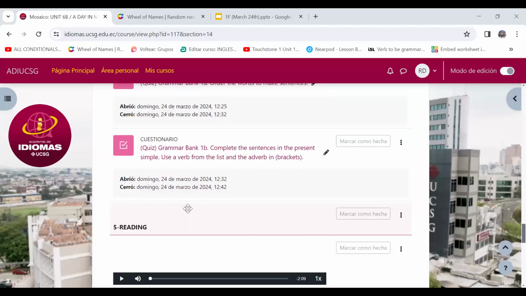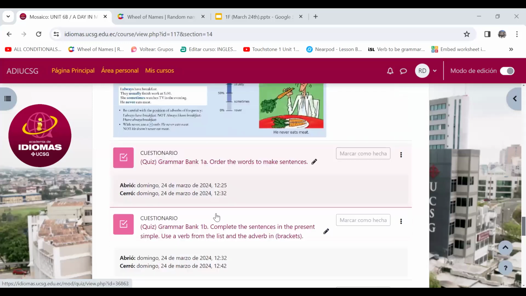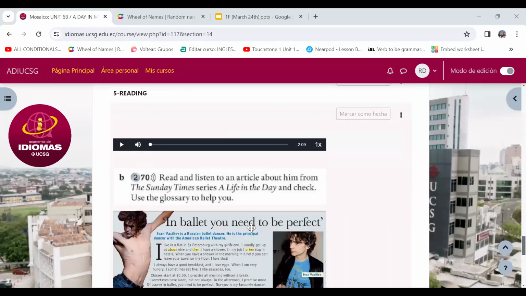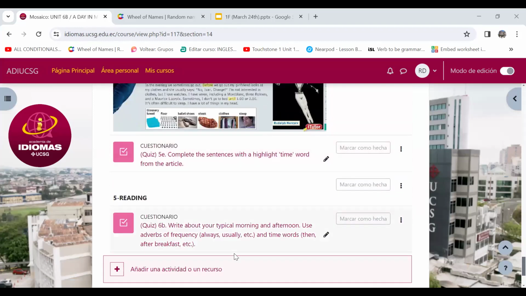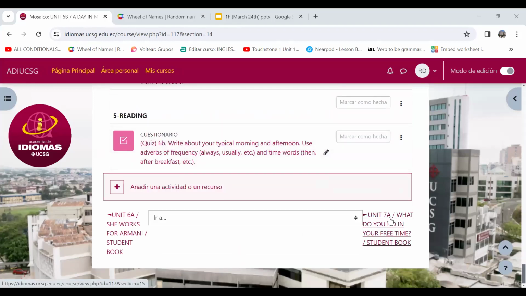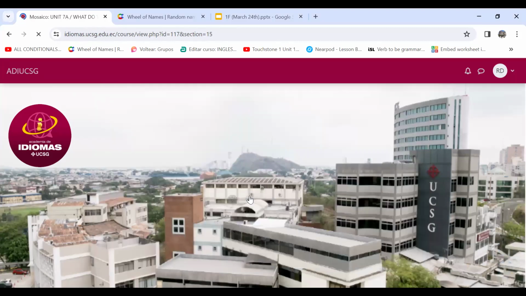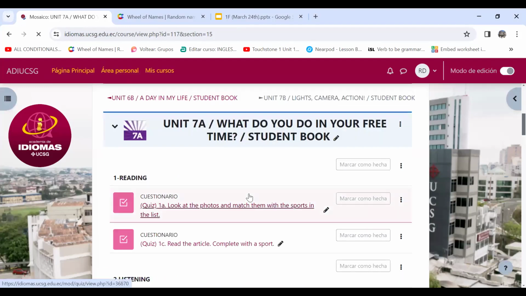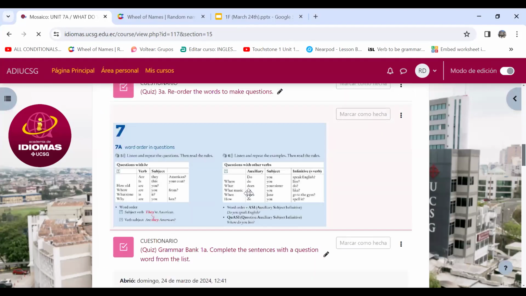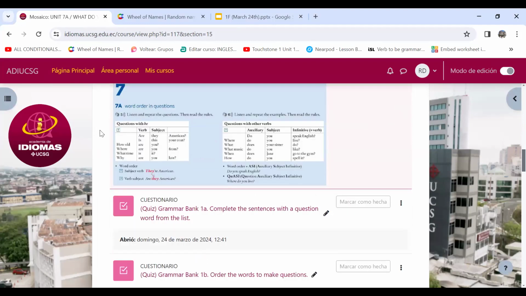Okay. We finished bank 1A, 1B, and now we have the other exercises. Let's go to 7A. Here, reorder the words, the unit 7 word order in questions, okay?